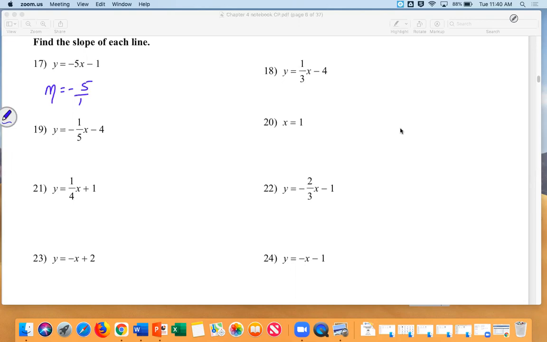Annie, what's the slope in 18? Look, the slope in number 17 was -5/1. It was just -5 and I just made it over 1, so it was a fraction. What about 18? Very good. 1/3.